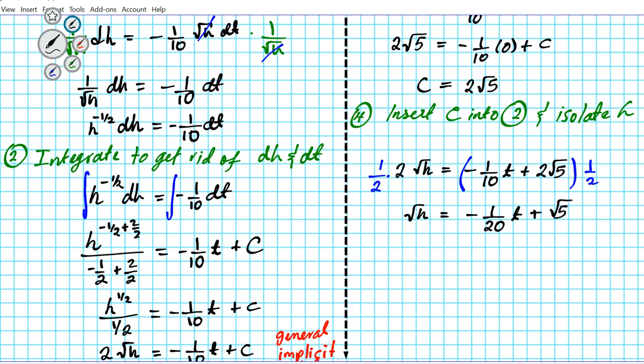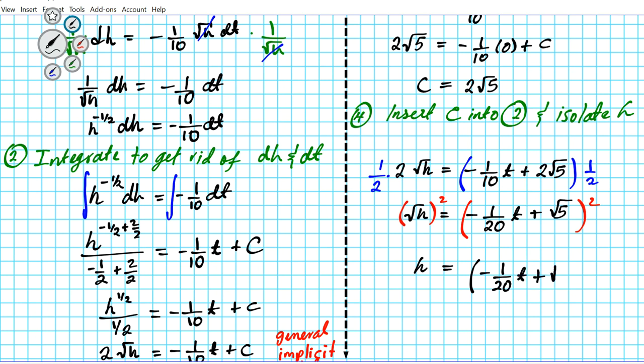And then to get h isolated, the last step, we're simply going to raise both sides to the second power. That's the inverse of square root. Raise this to the second power, raise this to the second power, and then you have your final answer. H is equal to the quantity negative 1 over 20 t plus root 5.